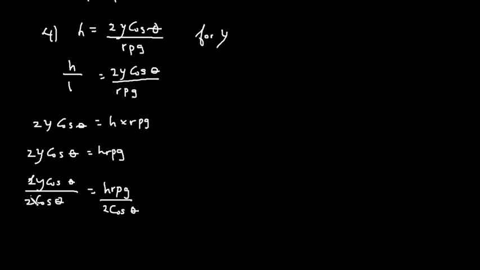So 2 and 2 will cancel, cos theta and cos theta will cancel. So gamma is equal to h r rho g divided by 2 cos theta.